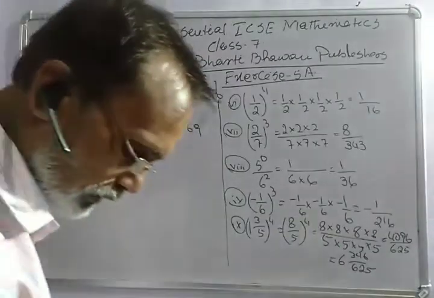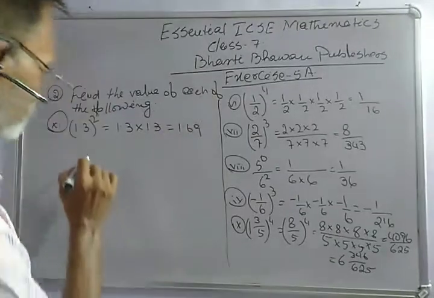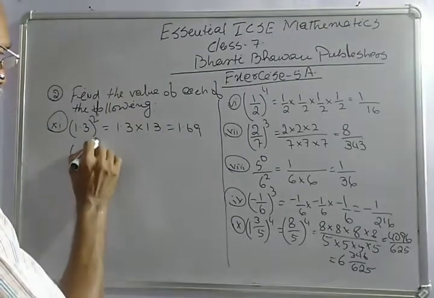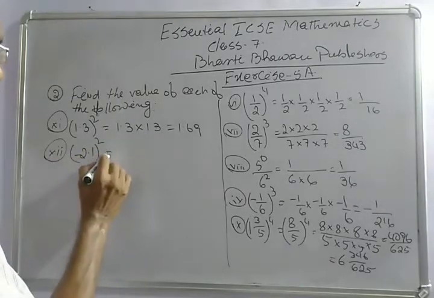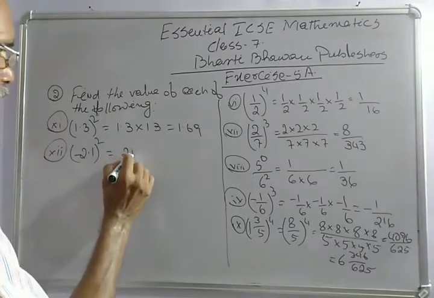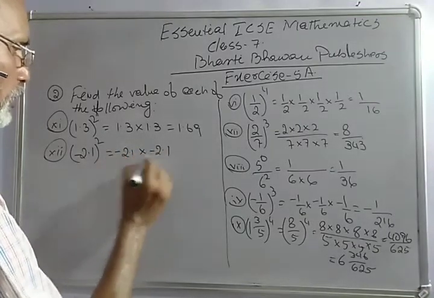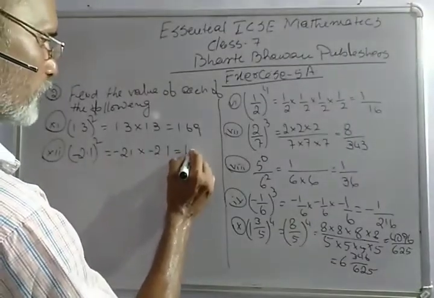Then the next one, number 12, is minus 2.1 to the power 2. So this is equal to minus 2.1 into minus 2.1, which is equal to 4.41.